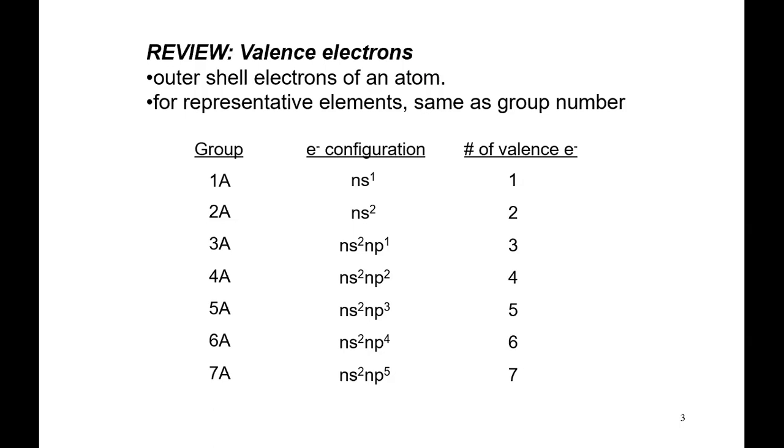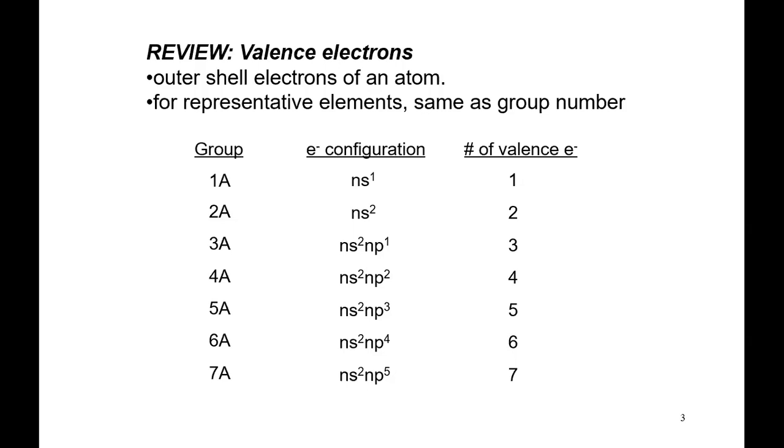And we found that for the representative elements, in other words, the elements in the S and the P blocks, the number of valence electrons corresponds to the group number, as long as we use the group numbering in the U.S. or American method. So group 1A has 1 valence electron, group 2A, 2 valence electrons, et cetera, et cetera.